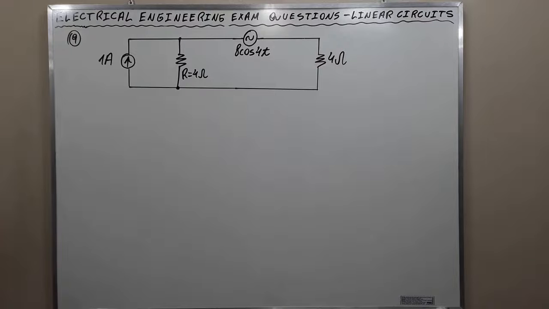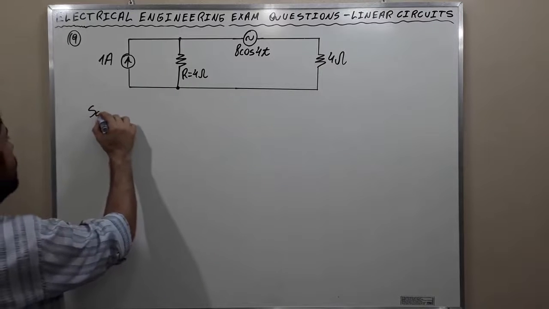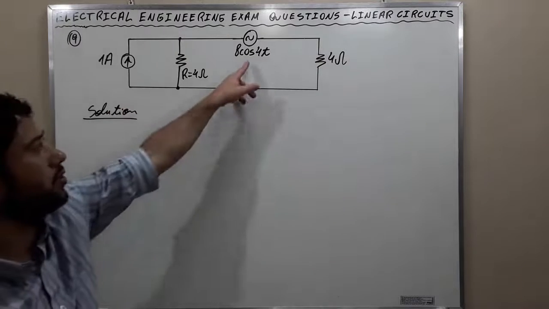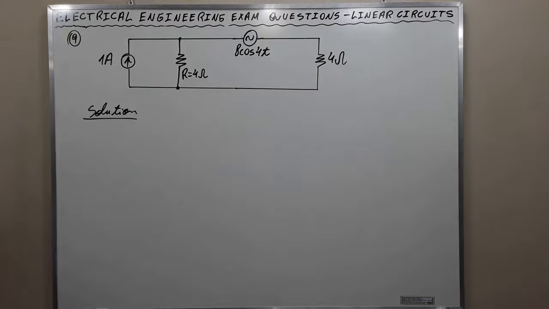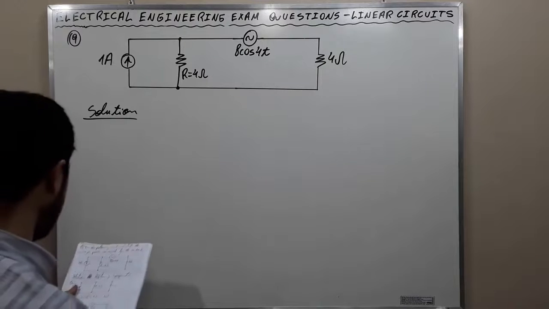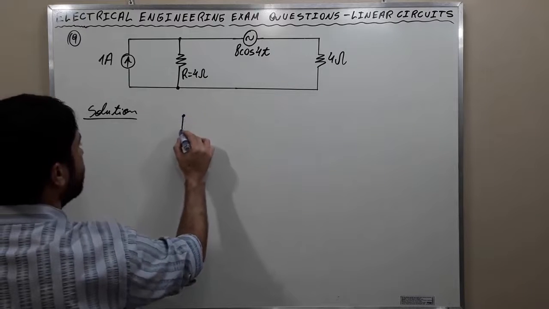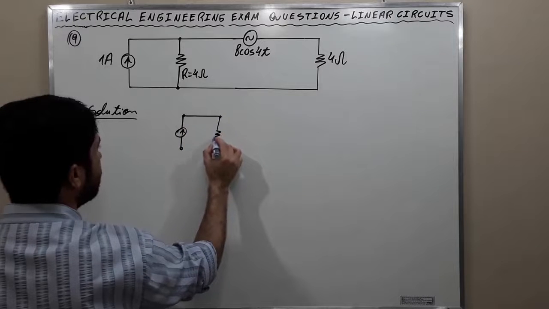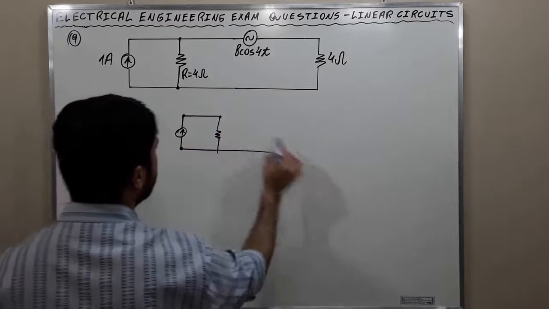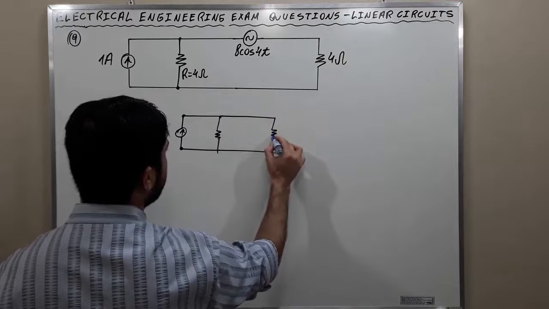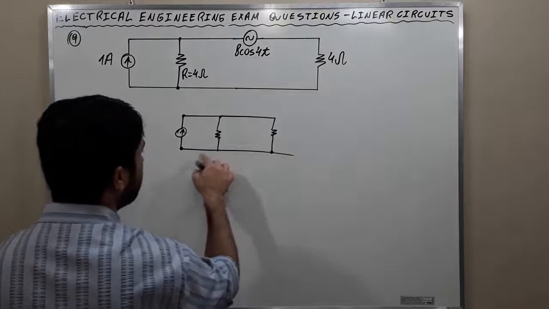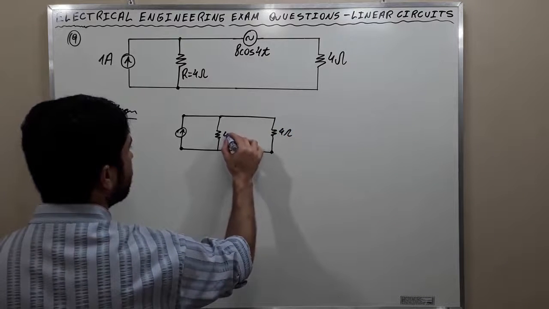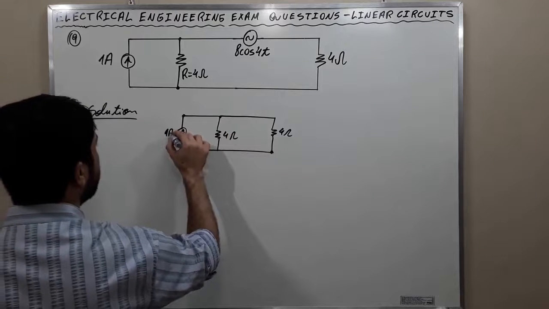Okay? At first, we are going to put the voltage source at rest. A voltage source at rest is a short circuit. Okay? Then the circuit is going to become okay?